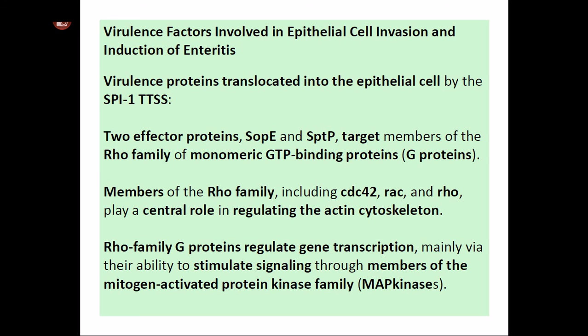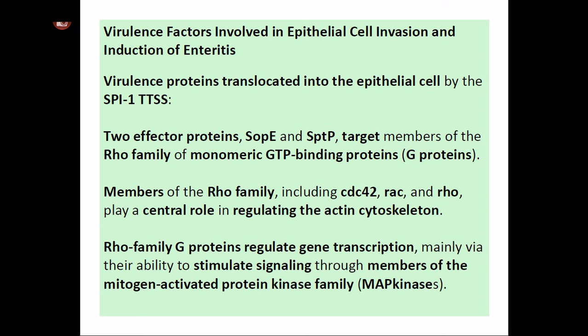Now the virulence proteins are translocated into the epithelial cell by the SPI1 TTSS, that means the type 3 secretion system. Two effector proteins among them, called SopE and SptP, target the Rho family of GTPase proteins, or the G proteins.